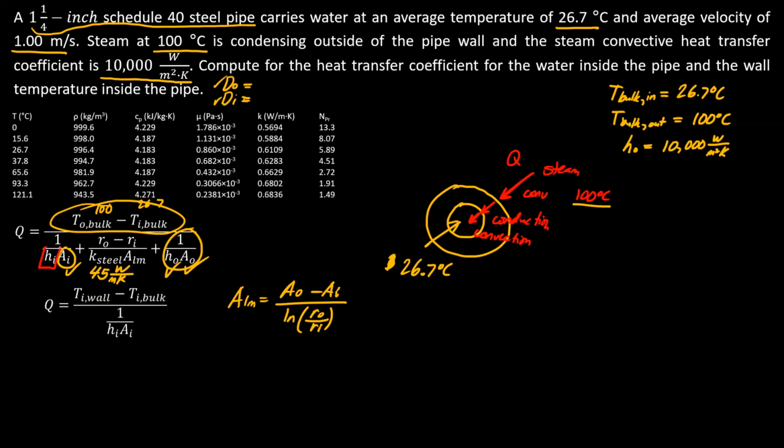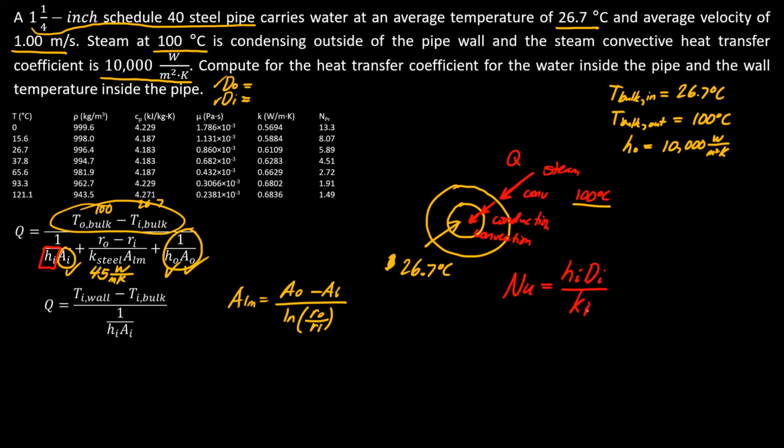And what is unknown is the HI. This is unknown. And in order to obtain HI, we need to use the Nusselt number because Nusselt number is equal to the heat transfer coefficient times the inner diameter. So we're interested in this portion, Ki.